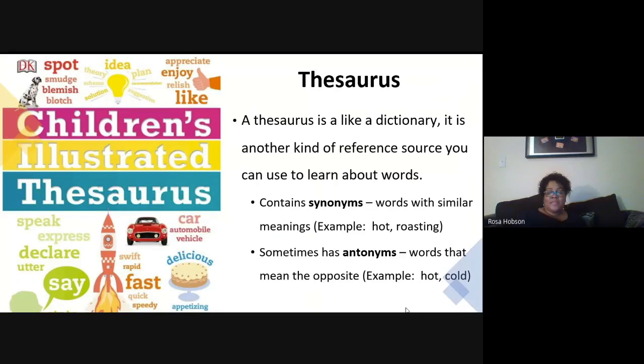A thesaurus is like a dictionary. It is another kind of reference source you can use to learn about words. It contains synonyms, words that mean the same, such as hot, roasting. It also has antonyms, words that mean the opposite, such as hot and cold.